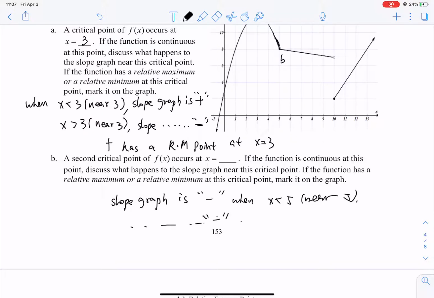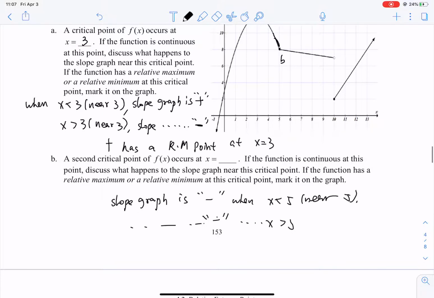Also negative. So actually that means the sign of the derivative does not change. So this point is not a relative extreme point.